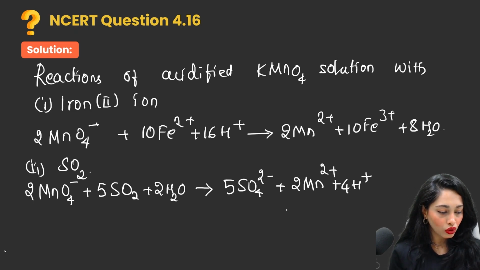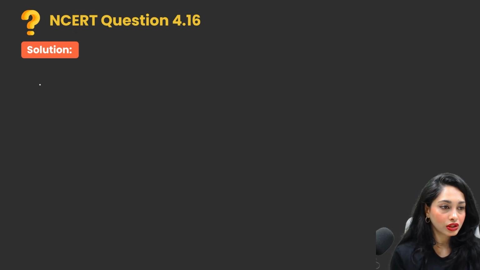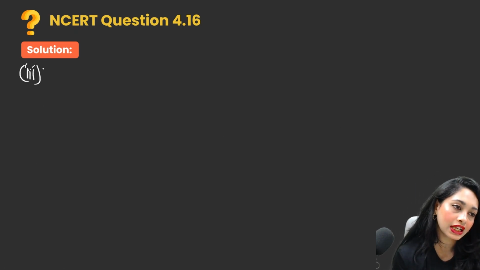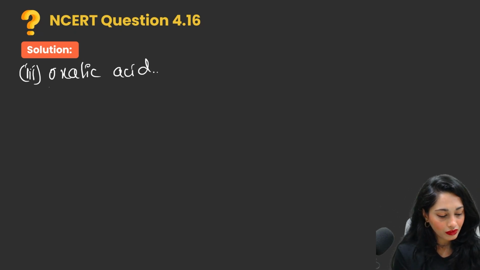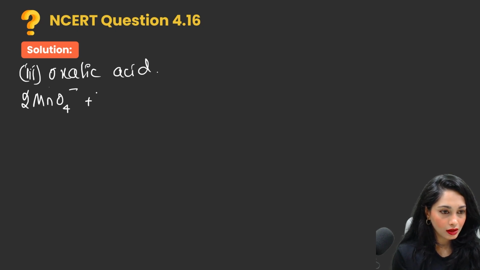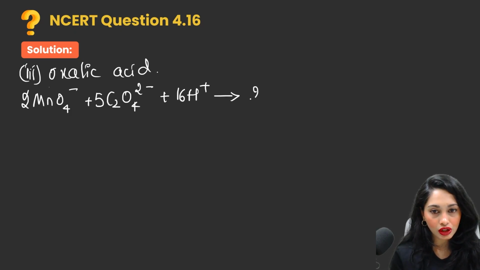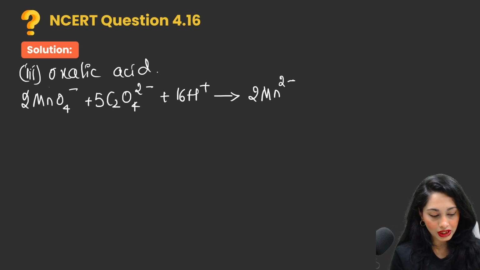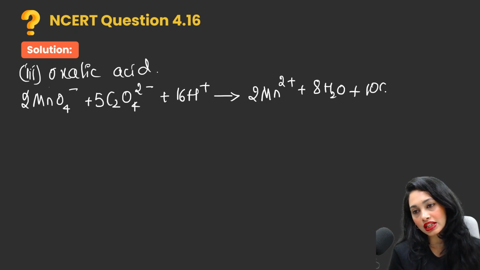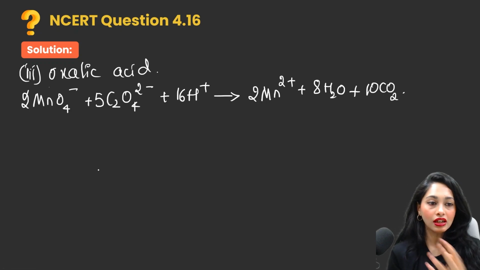Then we have oxalic acid. So 2MnO4 minus plus 5C2O4 2 minus, oxalate ion, plus 16H plus gives 2Mn2 plus plus 8H2O plus 10CO2. This is the reaction.